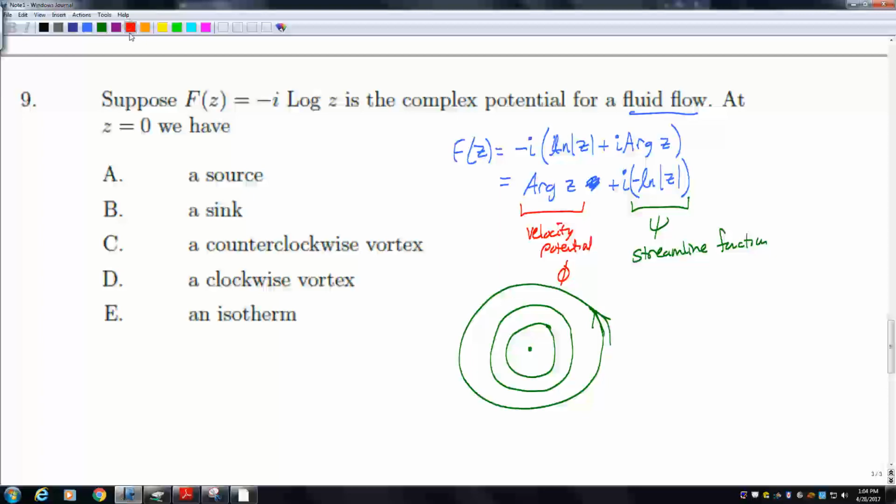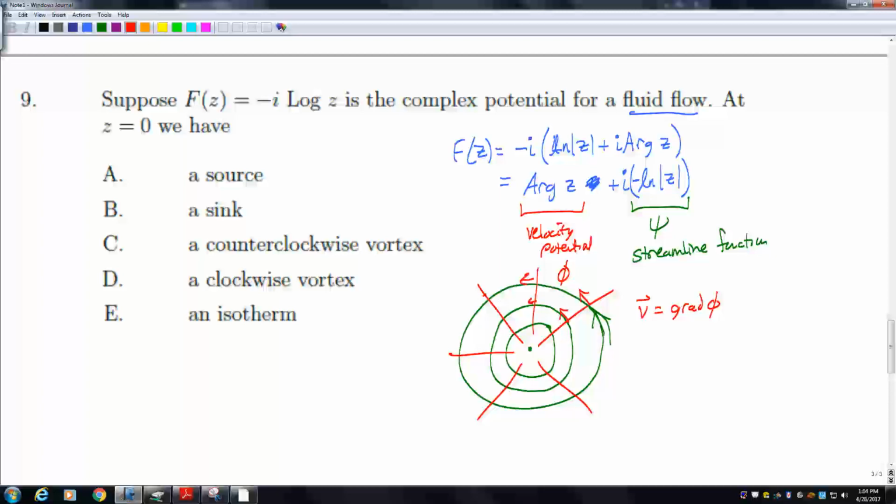The potential lines, that's the argument function. So these are lines of equal potential going out like that. Okay, and remember the velocity of this thing is given by the gradient of the velocity potential, and so that's going to be perpendicular to these level sets.